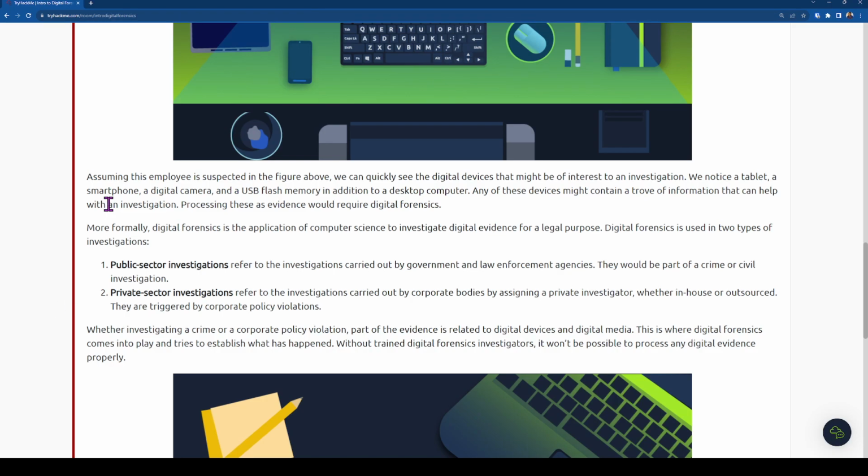So you can think of a corporate policy violation as, I'm trying to think of a good one that makes a lot of sense. Like you're not supposed to download work-related items to your personal device, or you shouldn't take a picture of your work email from your personal cell phone.